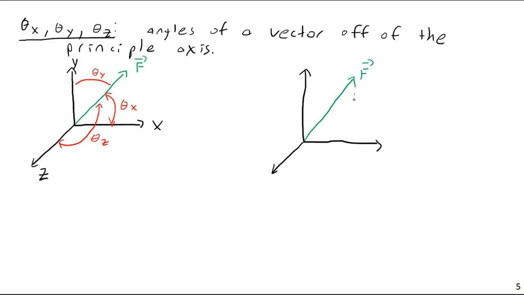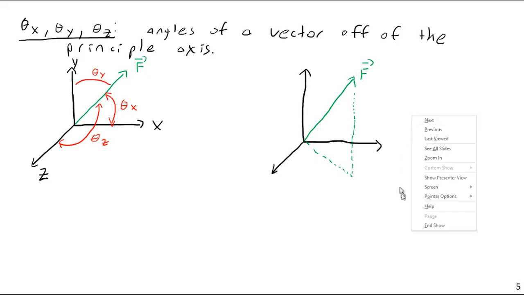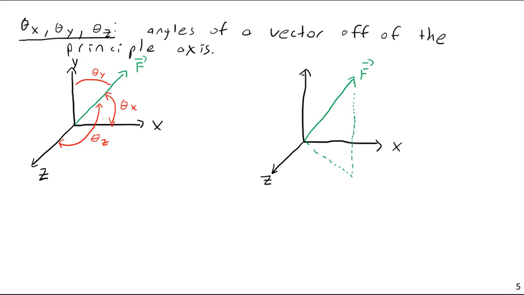So consider this here. This thing is in three-dimensional space, but if I project a line down to the xz plane, so see it's projected down to the xz plane. A lot of times people are tempted to call this angle from here to here theta x. It's not.